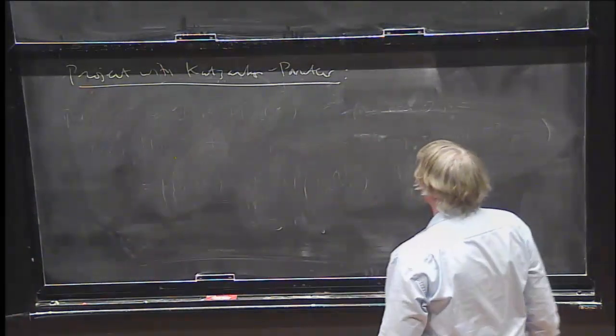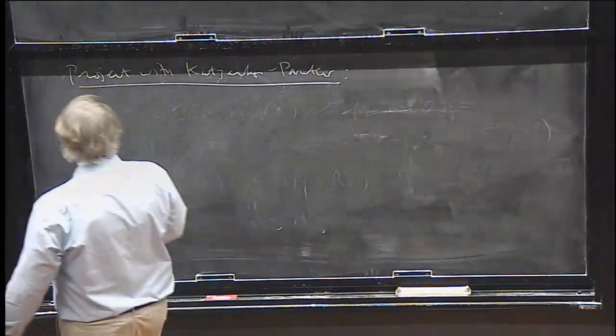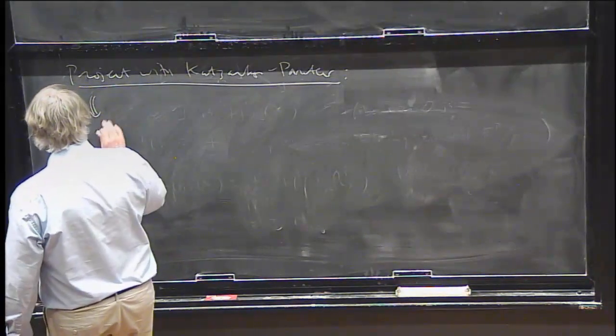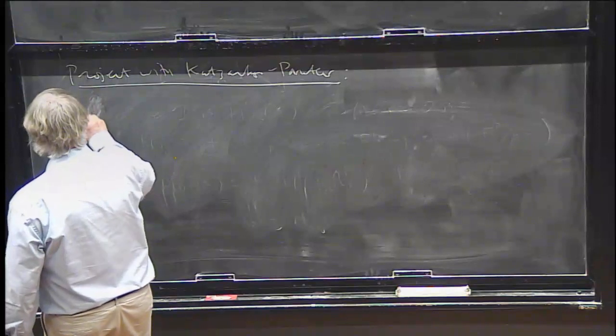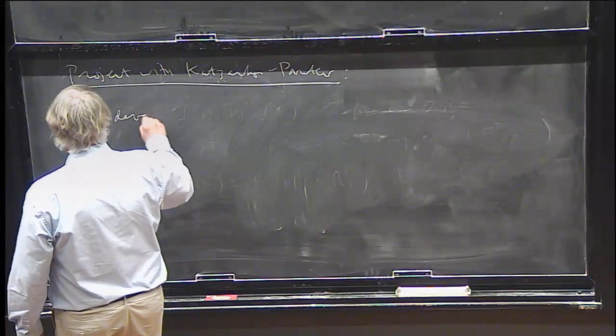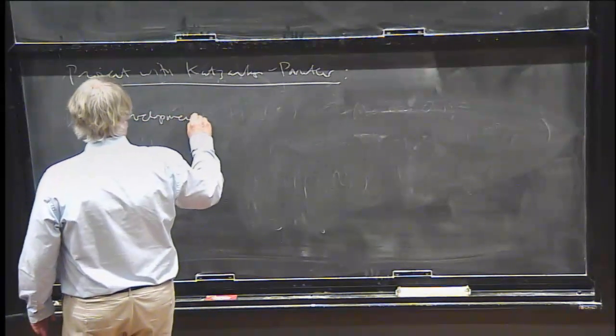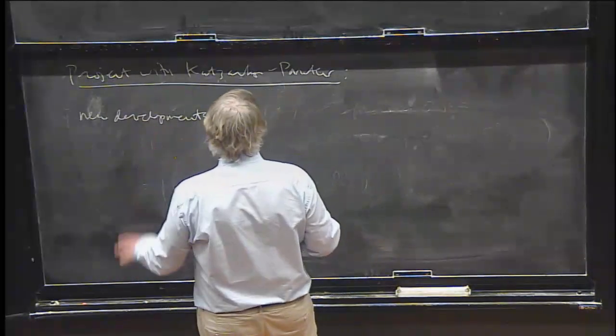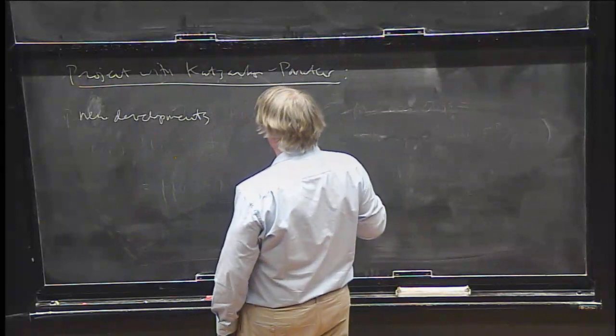I don't have time to talk about this, which was generalized to some extent, I mean, sort of, new developments. When I say new here, the new developments were in the 2000, 2010 range. This was in the late 1990s, but anyway.